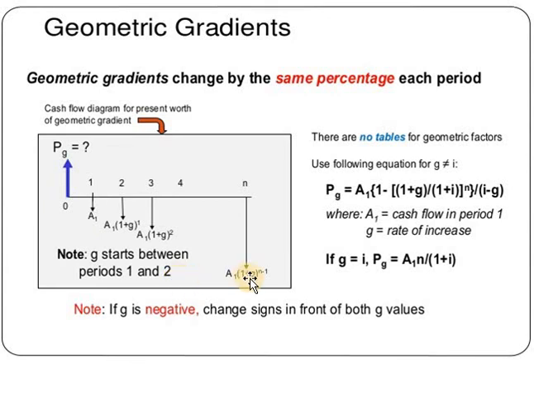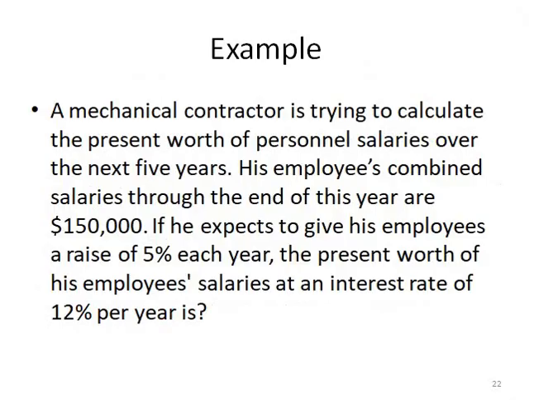Now, we have a special case. If G, the percentage of increase, is equal to I, the interest rate, in this case we will substitute this equation by P equals A multiplied by N over 1 plus I. Let's see an example. Here we have a contractor trying to calculate the present worth of personnel salaries over the next 5 years.